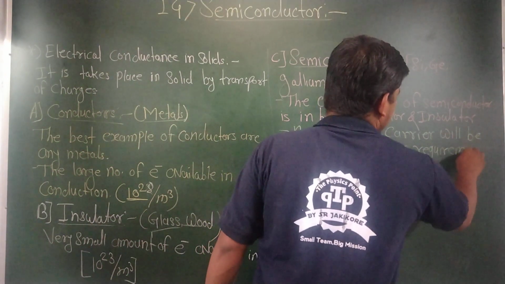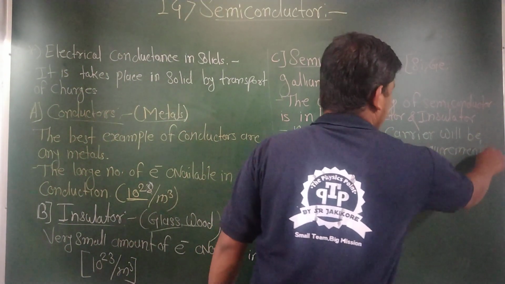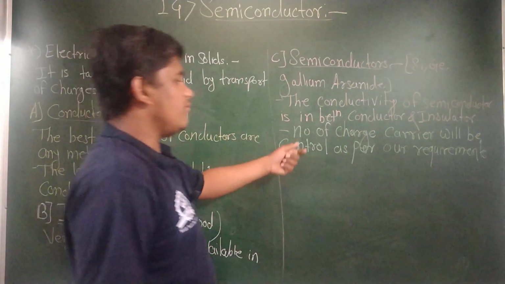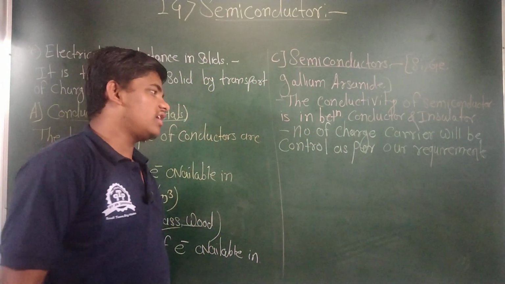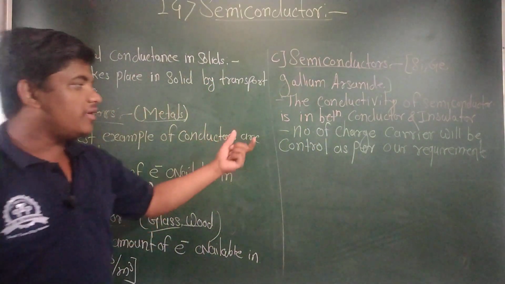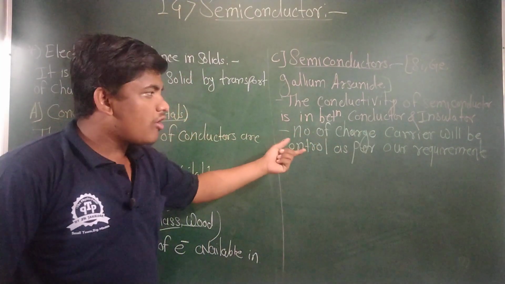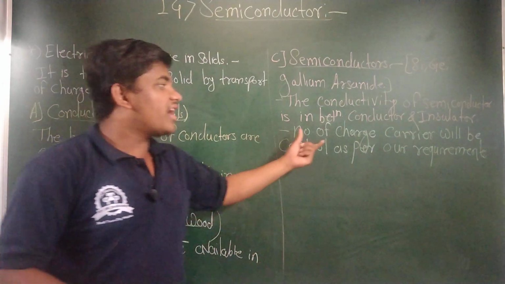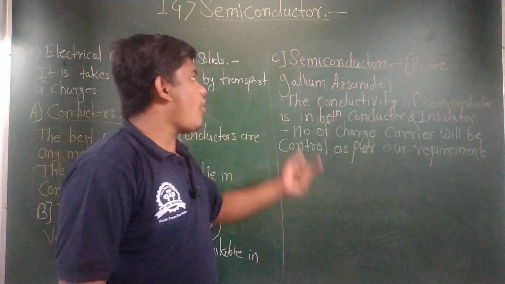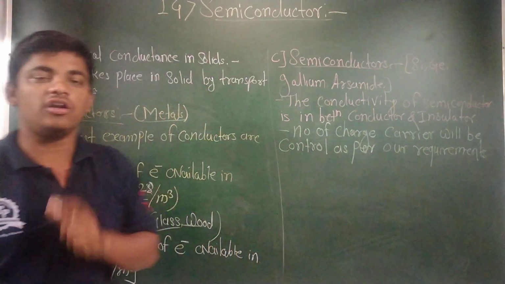This is the most useful thing about why we are using the semiconductor in a lot of gadgets and devices. Because controlling the number of charge carriers means we are indirectly controlling the conductivity of the semiconductor.